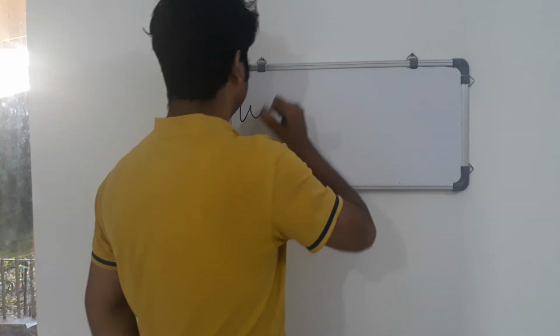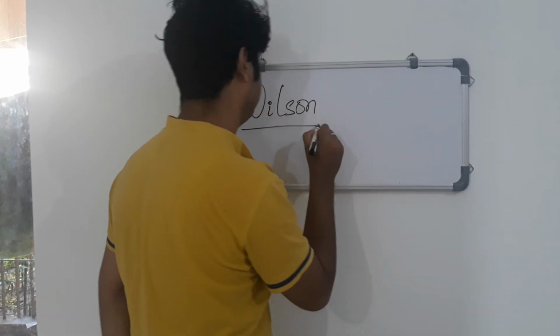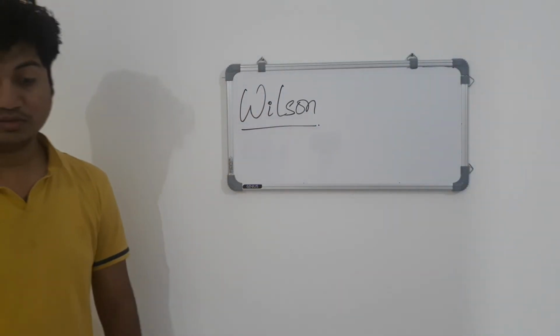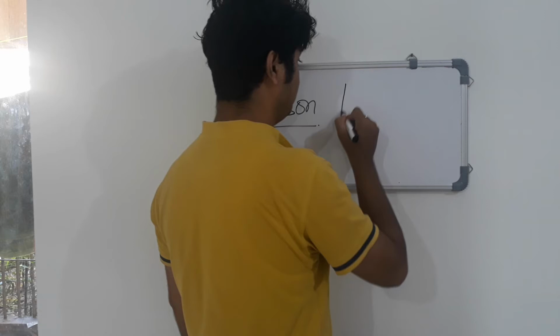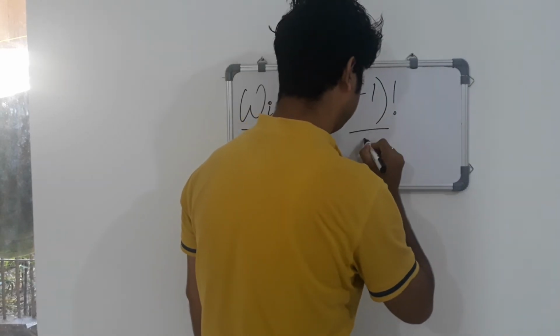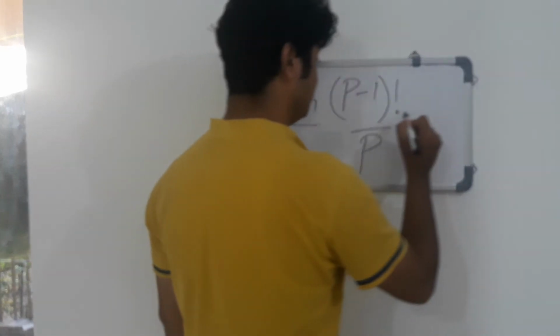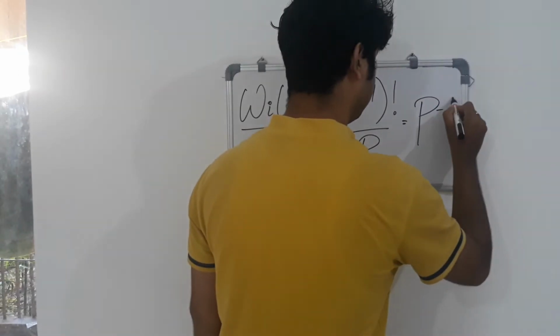We'll move on to Wilson's theorem. What it states is that p minus 1 factorial by p, where p stands for prime, is equal to p minus 1.